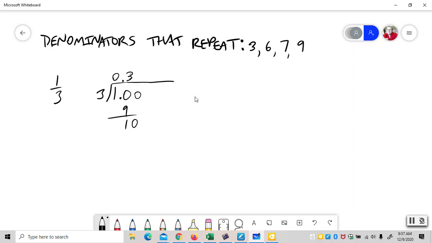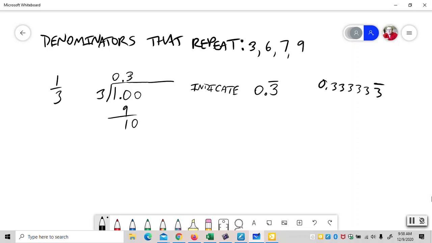So there's 2 ways that your book asks you to do this. The first set of problems, it says to indicate the repeaters. So in a case like this, you would put a bar. You go to the first time it repeats and do that. You would not do 0.33333 bar.